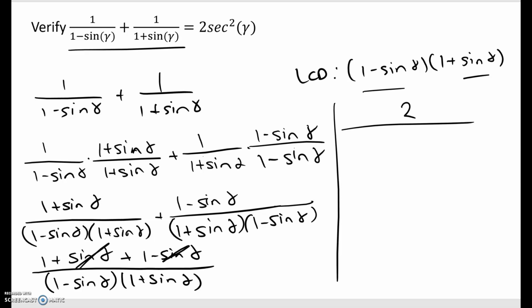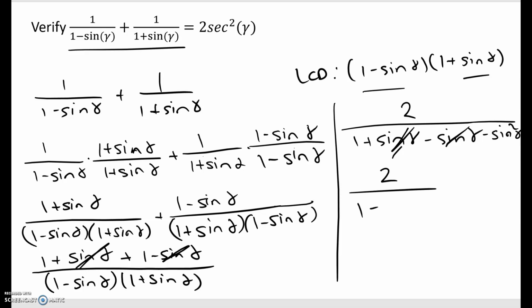So this is going to give me 1 times 1, 1. 1 times sine, so plus sine. And then negative sine times 1, minus sine, and then negative sine times negative sine, negative sine squared, running out of room there. My sines go away. So I have 1 minus sine squared.